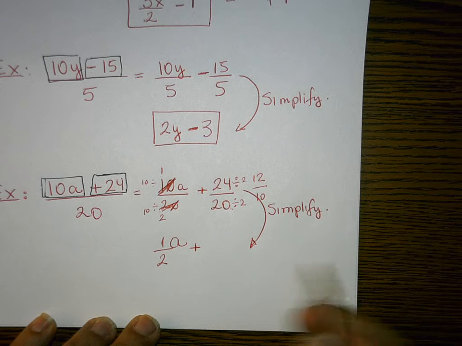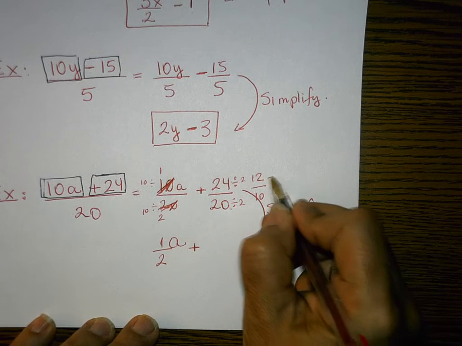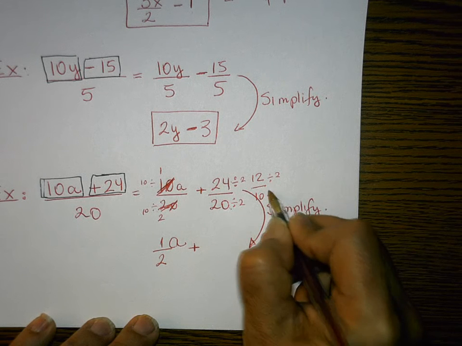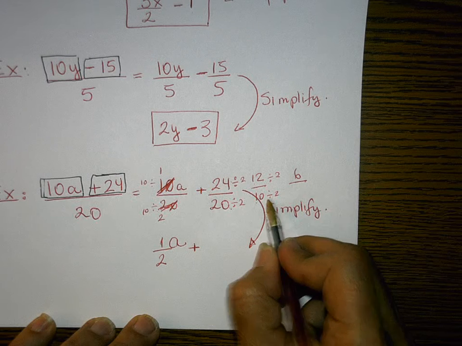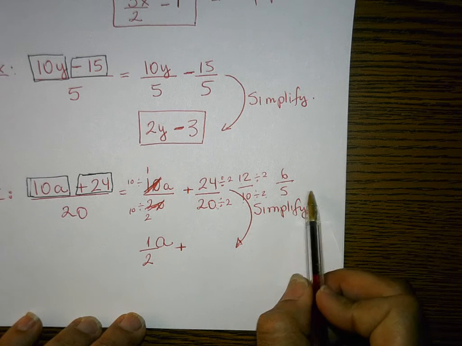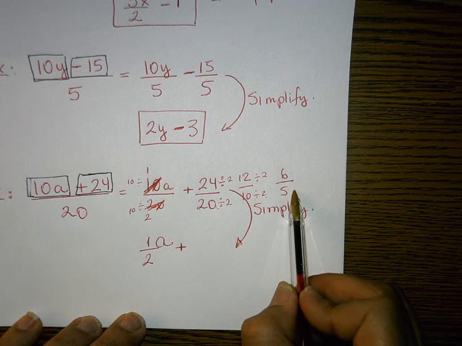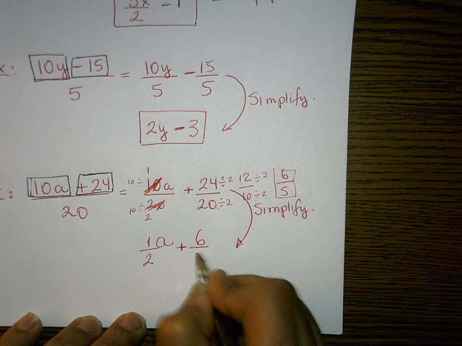And you look at it and say, I can still divide it by 2 again. So divide it by 2 again. 12 divided by 2 is 6, and 10 divided by 2 is 5. Then you look at it and say, can I go further? It looks like I cannot divide this by the same number. So you stop at 6/5, and that is what we get as simplified.